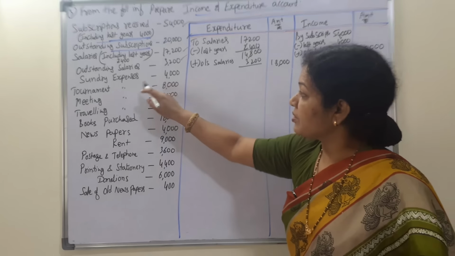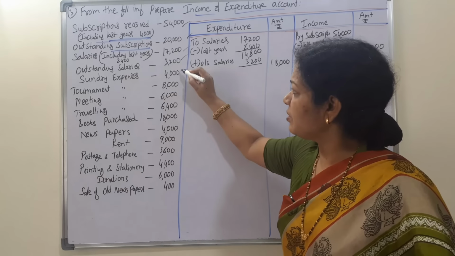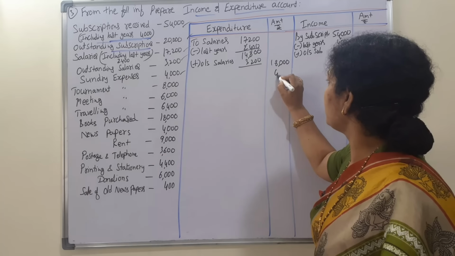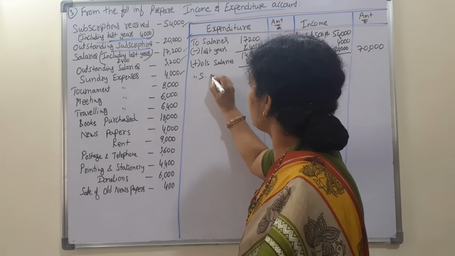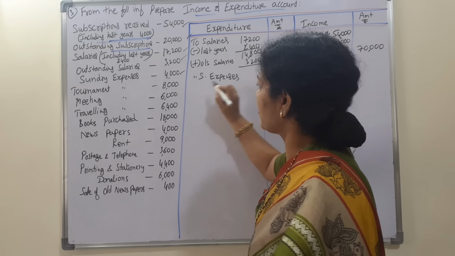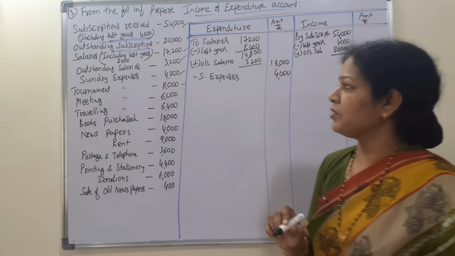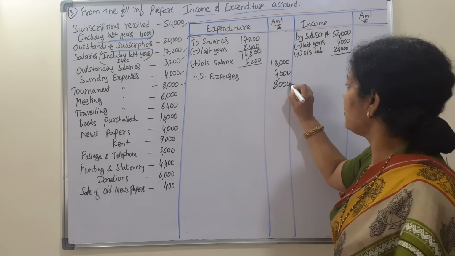Next, sundry expenses. All expenses go on the debit side, so sundry expenses 4,000 on the debit side. Next, tournament expenses 8,000. This is also an expense, so we'll write it on the debit side.